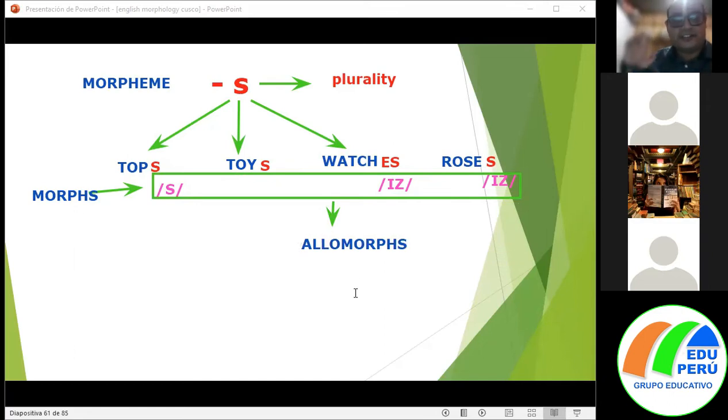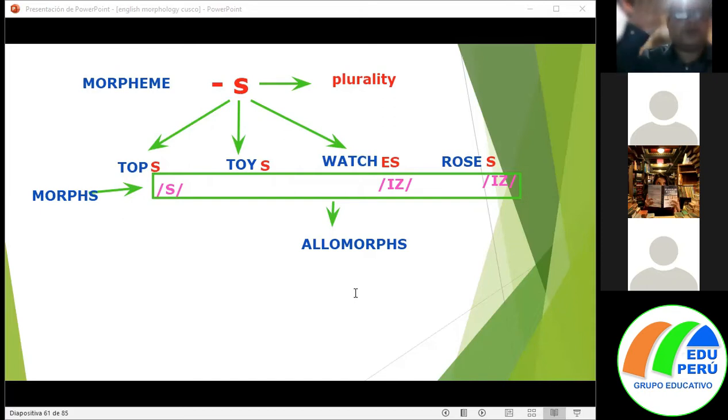All right, notice here we have the three terms, the difference between morpheme, morphs, and allomorphs. Morpheme, the abstract, the general idea, what you have in your mind, the mental representation.